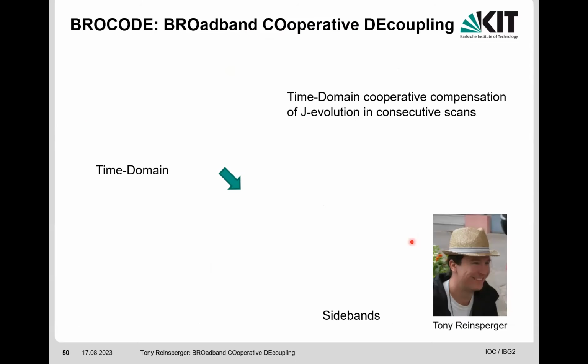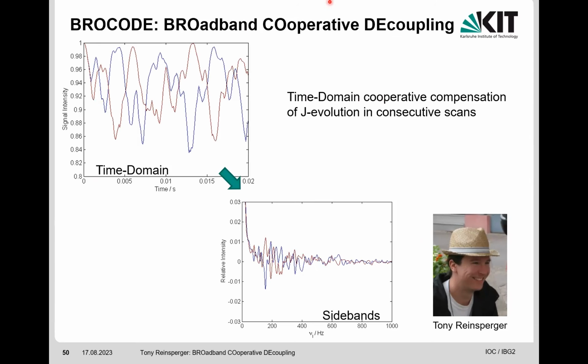So we were looking for the BROCODE advance, which means broadband cooperative decoupling. What we do is optimize pulse shapes for the whole acquisition time, some 128 milliseconds typically, but not only one sequence, but actually the sequences for 4 consecutive scans.